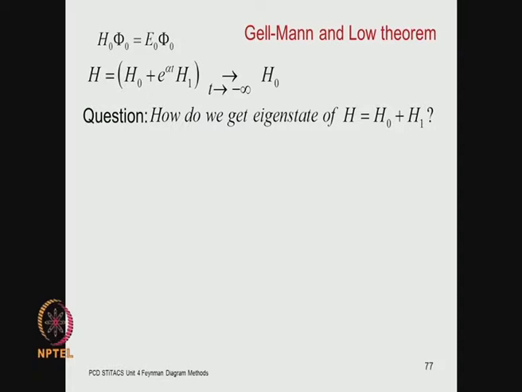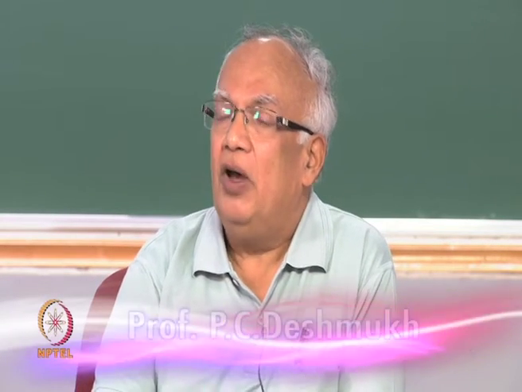And then as t goes to 0, you have the full Hamiltonian which is H0 plus h1. That is the problem in which we are interested, and we are trying to ask this question, that if we know the eigenstates of the unperturbed Hamiltonian, how do we get the eigenstates of the full Hamiltonian inclusive of the complexity which is there in the full Hamiltonian.